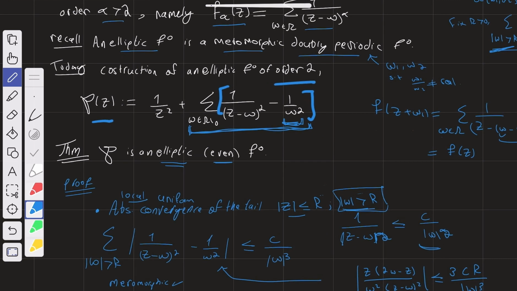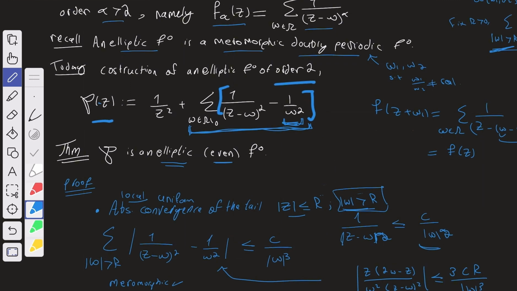Now, if you plug minus z in this equation, this thing doesn't change. It's independent of z, and we're left with this thing. So this thing will take the form of minus z minus omega squared, and this is just 1 over z plus omega squared if we change the sign inside the square.